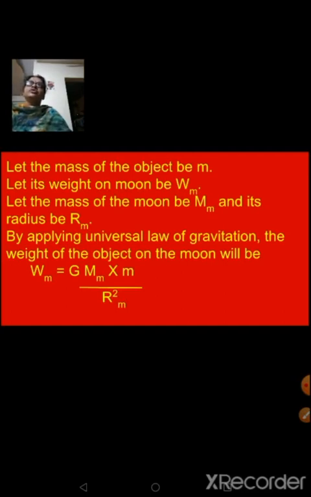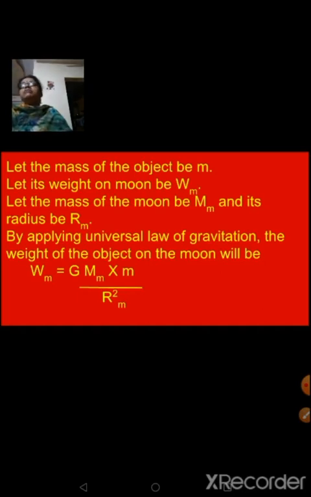F is equal to G M m upon r square. M stands for mass of the earth, small m stands for mass of the object, capital G stands for gravitational constant, and r stands for radius, that is the distance. In the same way, I just now said weight is nothing but the force. In that case, the same formula can be used for calculating the weight of an object on the moon.